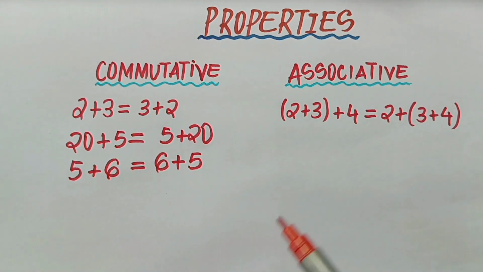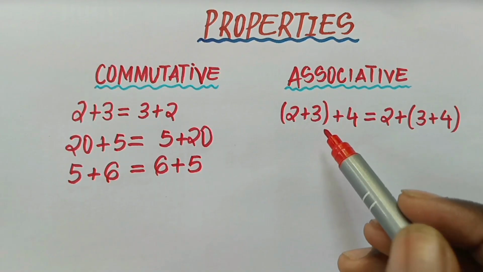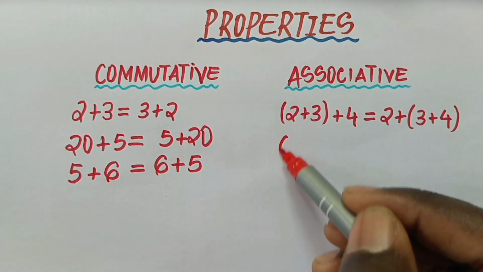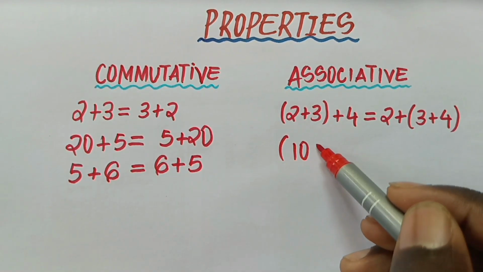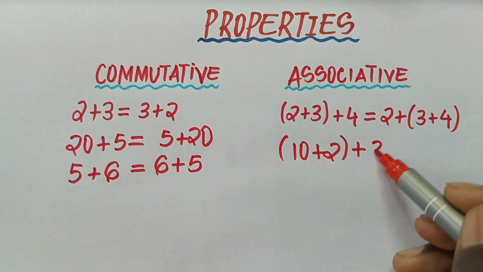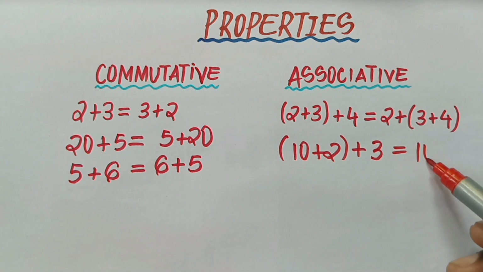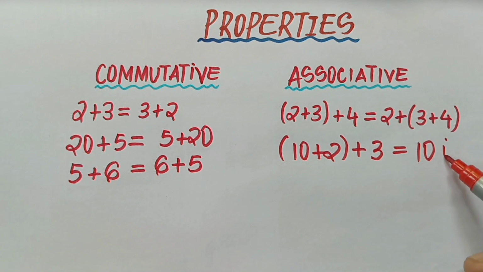And here in associative, for example, 10 plus 2 plus 3 is the same as writing 10, plus 2 plus 3.